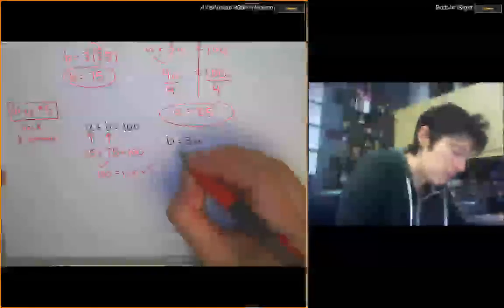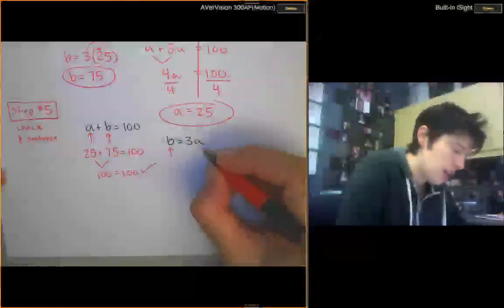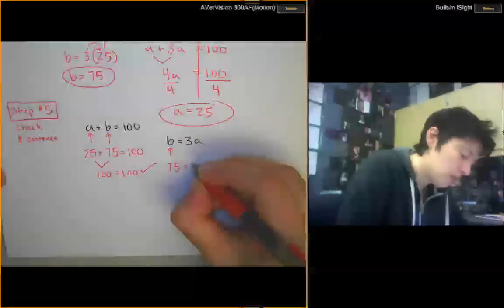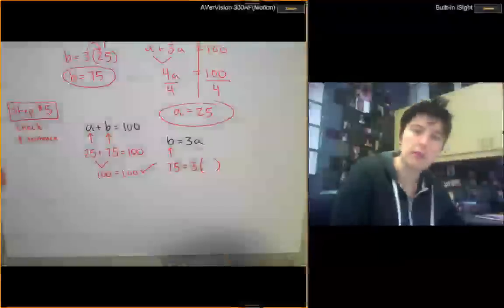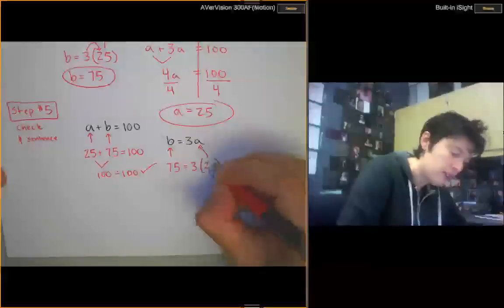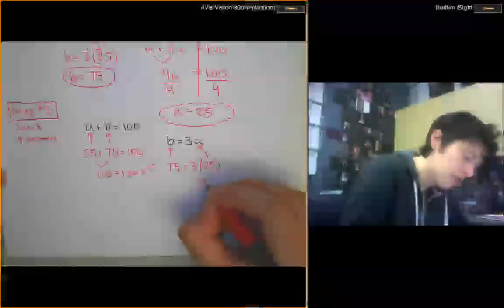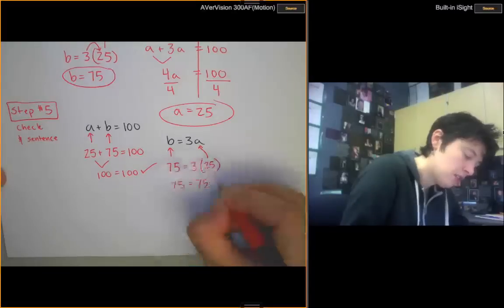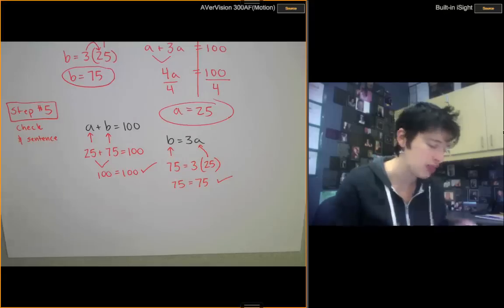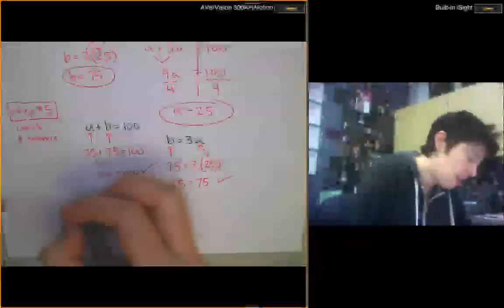Then we try the other one. B equals 3A. Well, B is 75. And 3A would be 3 parentheses. I'm going to bubble it up. And where the A goes is now 25. And 3 times 25, yep, that's 75 equals 75. Check and check. So if both equations worked, I know I did all my math correct, and now I can write my sentence.